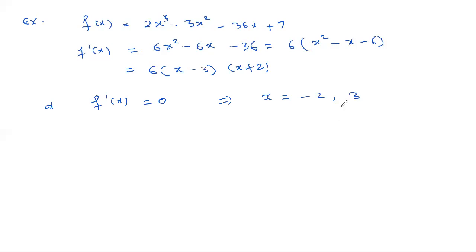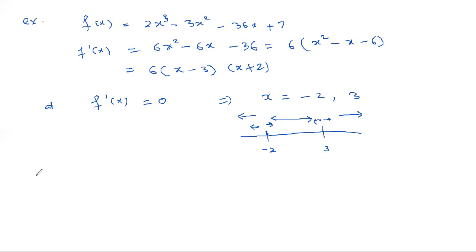But on the left and right of these two points, the function may be increasing or decreasing. x less than minus 2 and x greater than minus 2 are represented by these arrows, and x less than 3 or x greater than 3. So in all we have 3 wider intervals: x less than minus 2, x more than 3, and one interval is x lying between minus 2 and 3.